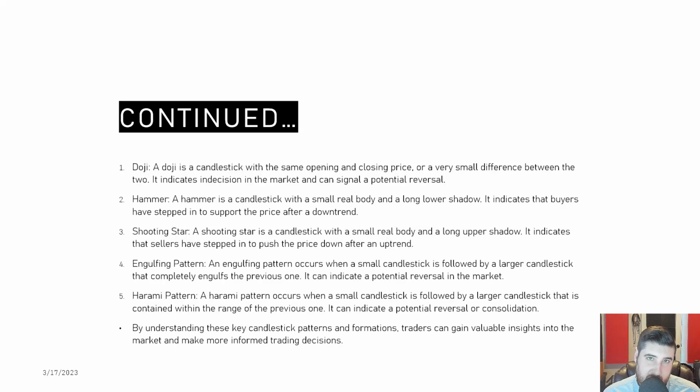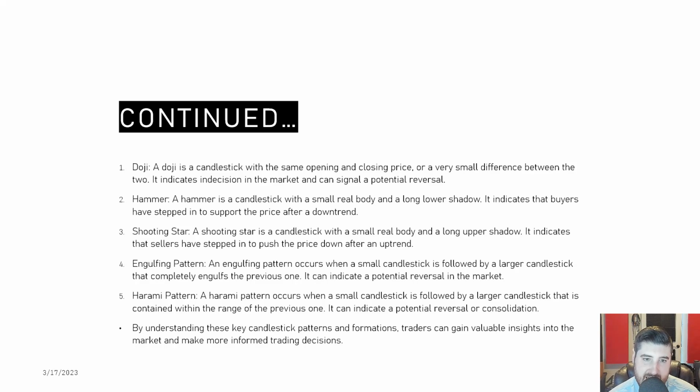So the main ones we already covered: the doji, hammer, shooting star, engulfing patterns, and then the harami. I think I'm saying that right. I'm going to explain that, and we'll look in the chart so you can kind of see what they look like. But it's when a small candlestick is followed by a larger candlestick that is contained within the range of the previous one, it can indicate a potential reversal or consolidation.